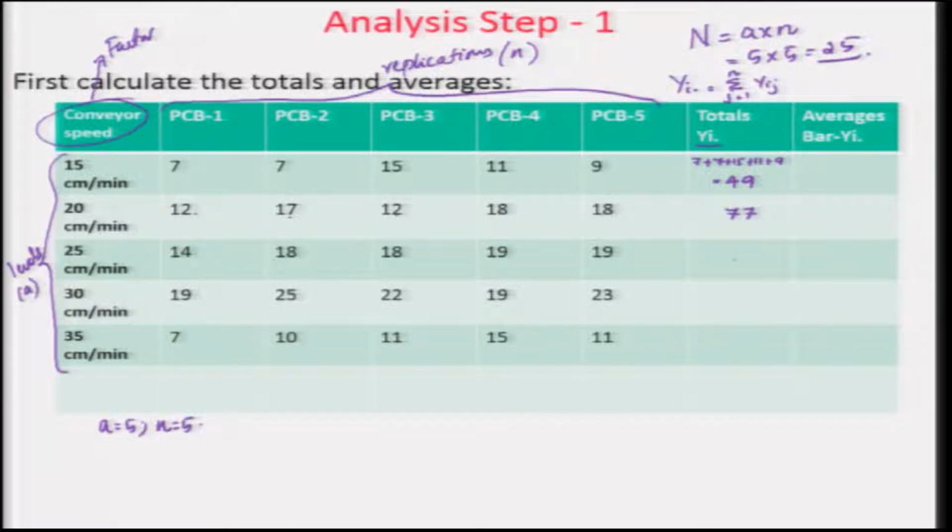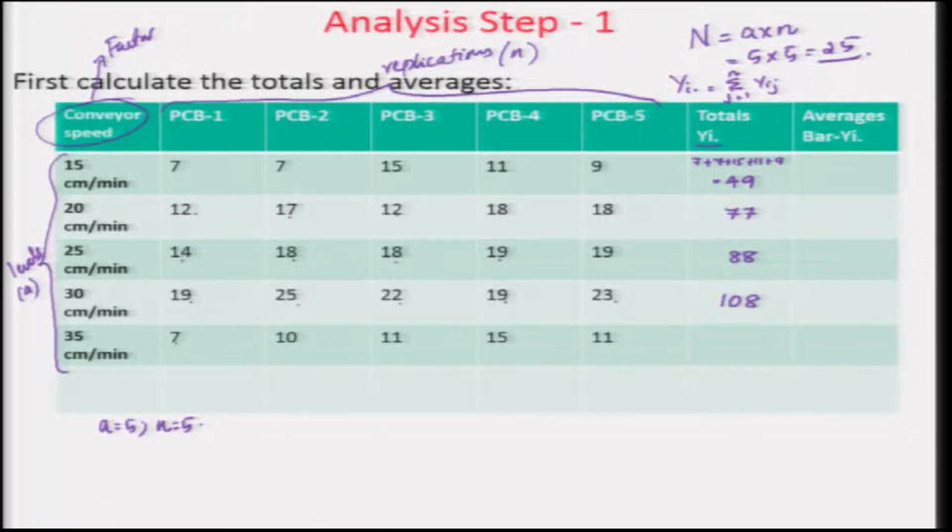Then this yi dot is 14 plus 18 plus 18 plus 19 plus 19, which should give you 88. The fourth one is 19 plus 25 plus 22 plus 19 plus 23, which should give you 108.